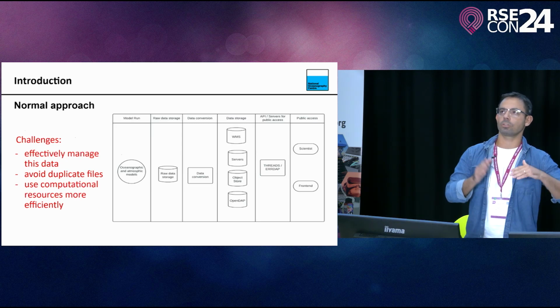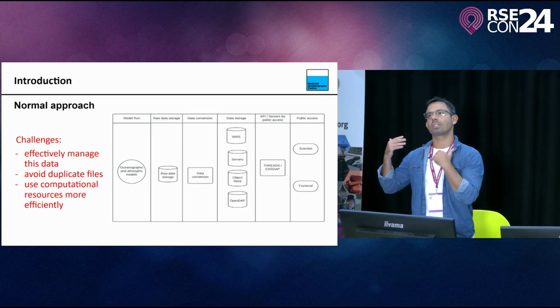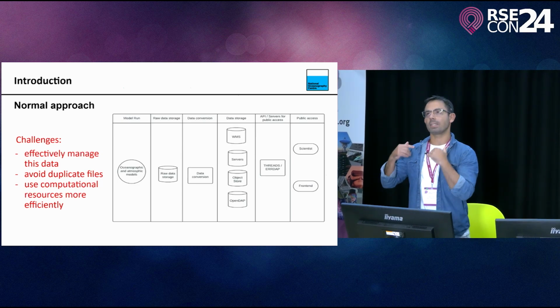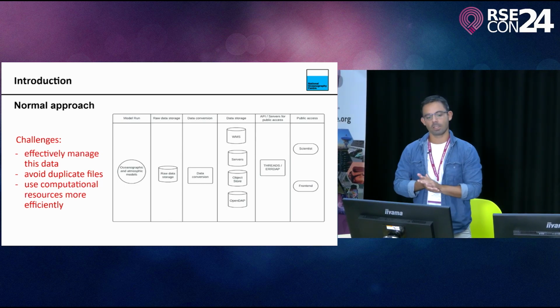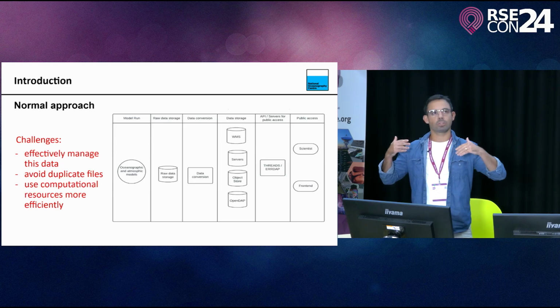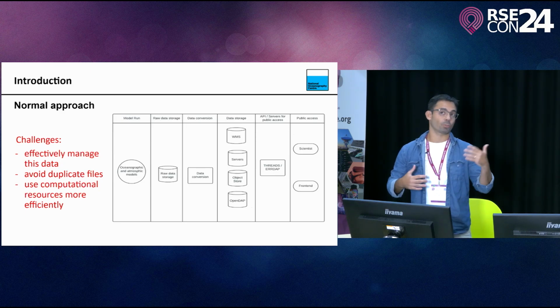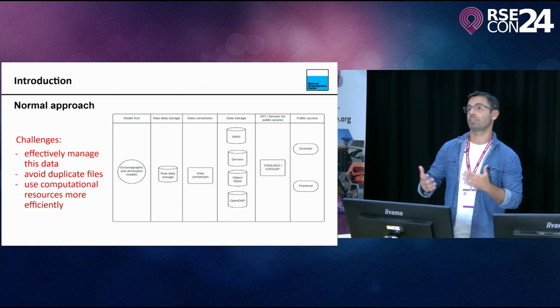So they need to convert it to different formats, and then they need to build different types of APIs and servers to make the data available to all the clients. So as you can see here, we have several challenges because we can have duplicate files, we need to use a lot of computational resources, so we need to try to deal with that challenge.